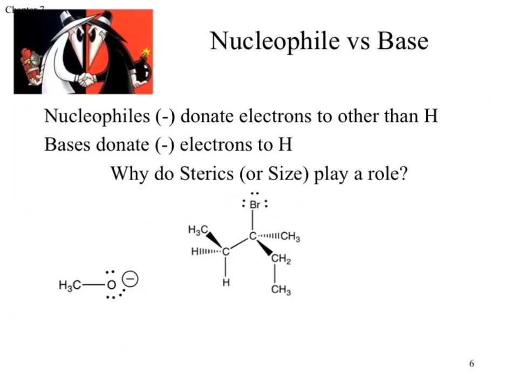And here's where that becomes important. Okay? What does our nucleophile do? Donates electrons. And it donates those electrons to anything that's not hydrogen. Is there a competing species that donates electrons? Yeah. In fact, our Bronsted-Lowry bases donate electrons directly to hydrogen.